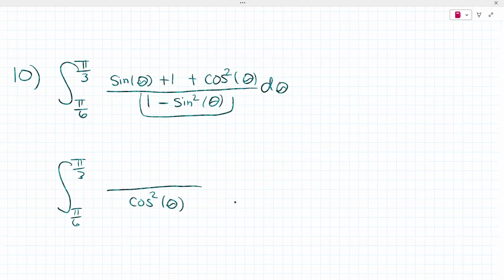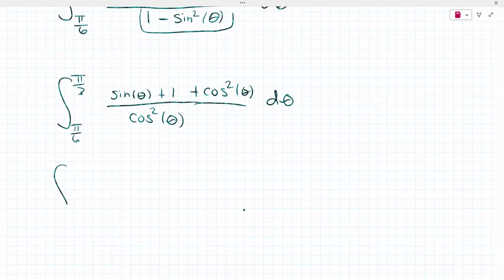Maybe I'll just leave the top alone right now. Then what I would do next is divide each term by cosine squared theta. So yeah, divide each term by cosine squared theta.